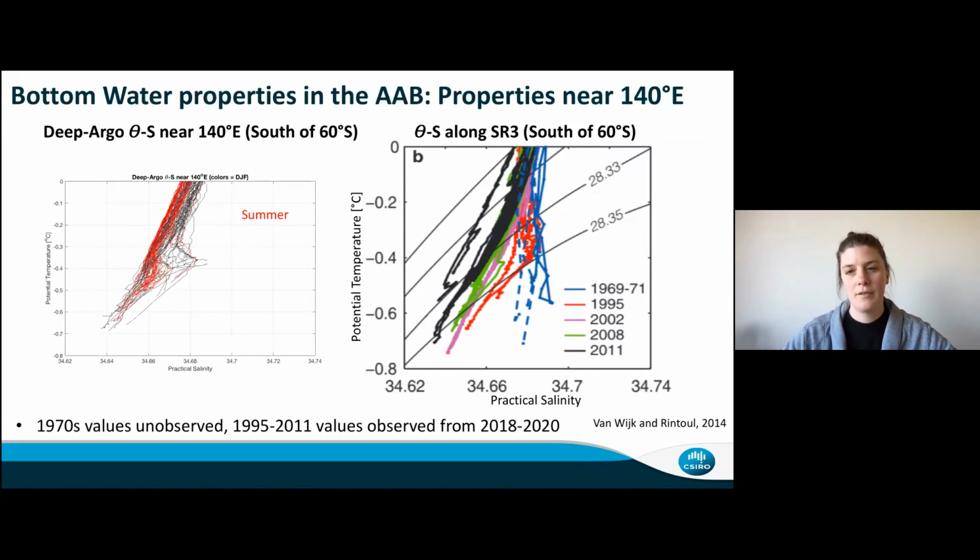So you don't see those values from the late 60s, early 70s, but you do see quite a spread along 140, and this is again just south of 60 south and near 140.